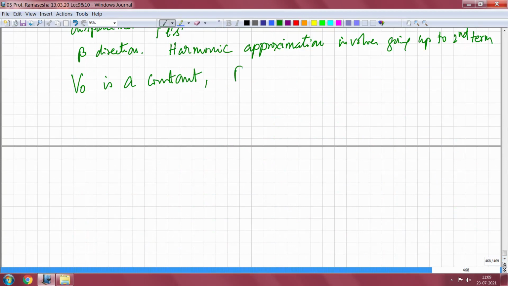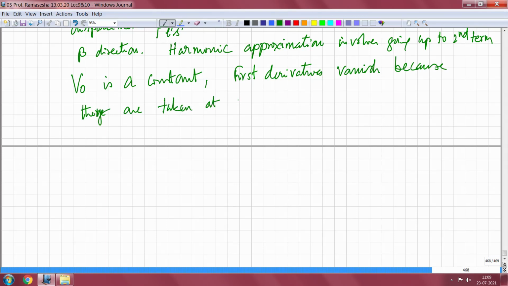And the first derivatives vanish because they are taken at a minimum in the potential energy, because that is the equilibrium position.